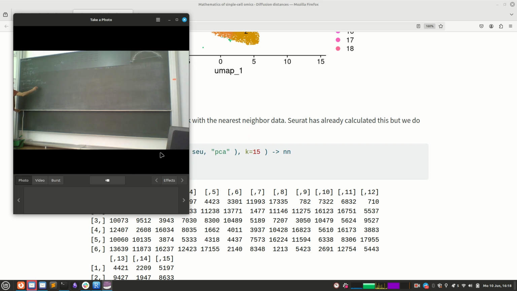We make our discrete random walk, and in our random walk, we said u at time t plus 1 is given as u at time t, to which we apply some transition matrix, and that transition matrix was A times D to the minus 1.